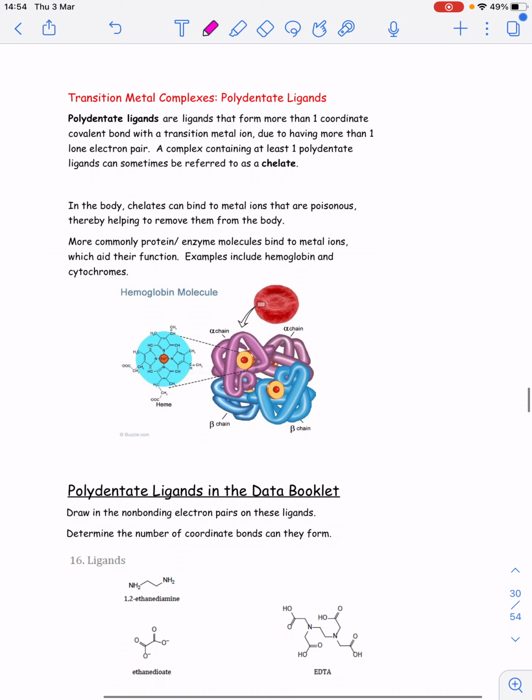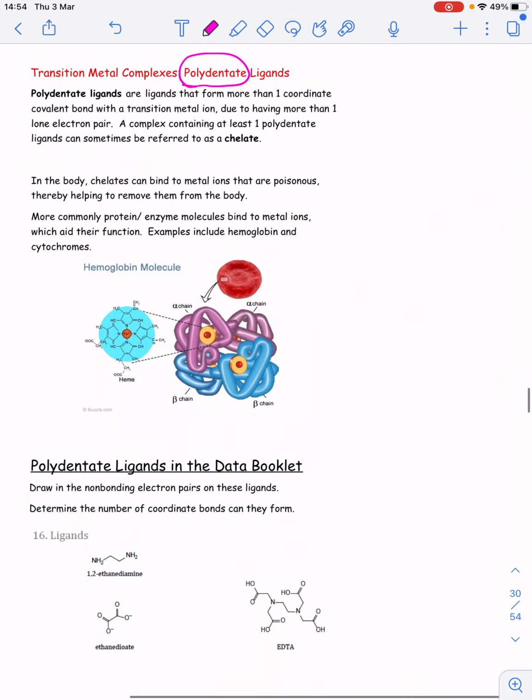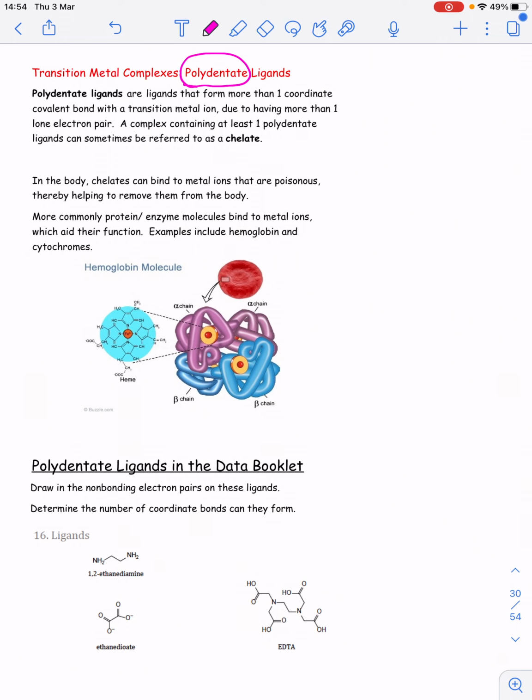But there are things known as polydentate ligands, so many teeth ligands. And really what that means is it's ligands that have more than one non-bonding electron pair, more than one lone pair, and a big enough geometry that they can actually form more than one coordinate covalent bond with the same metal ion.